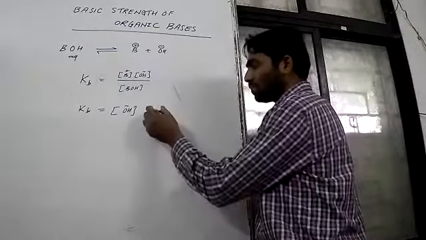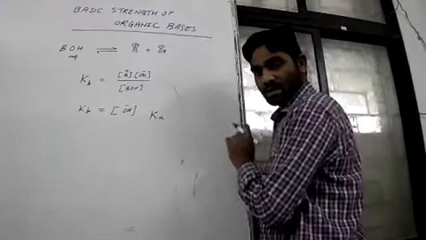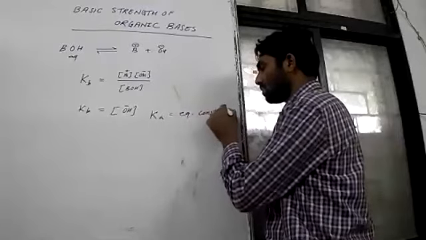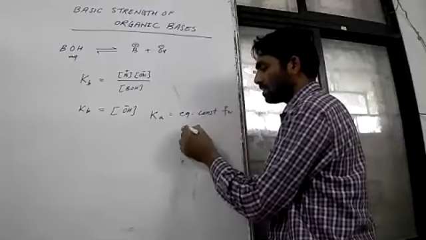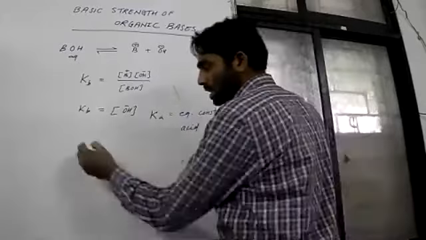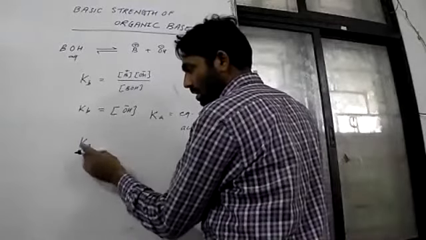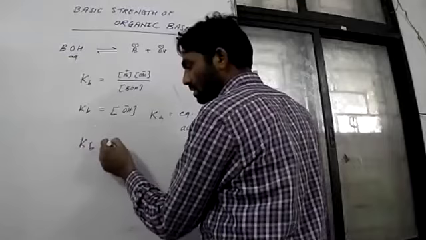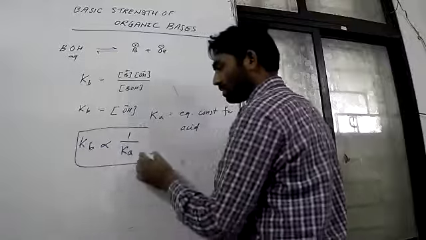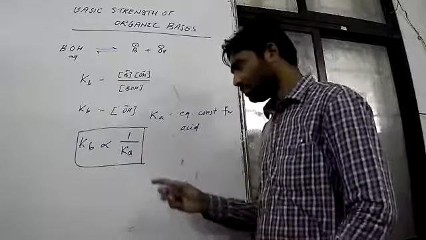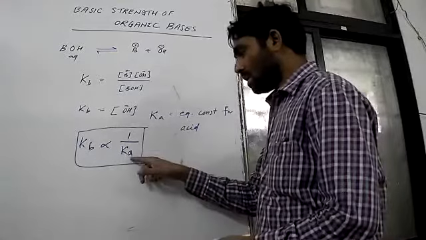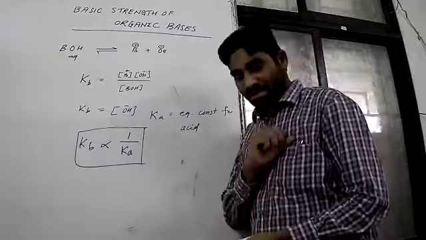One more point we should know. Ka is the equilibrium constant for acid, or H plus ions. Remember, the Kb and Ka relationship is inversely proportional. Kb is the equilibrium constant for base, Ka is the equilibrium constant for acid.